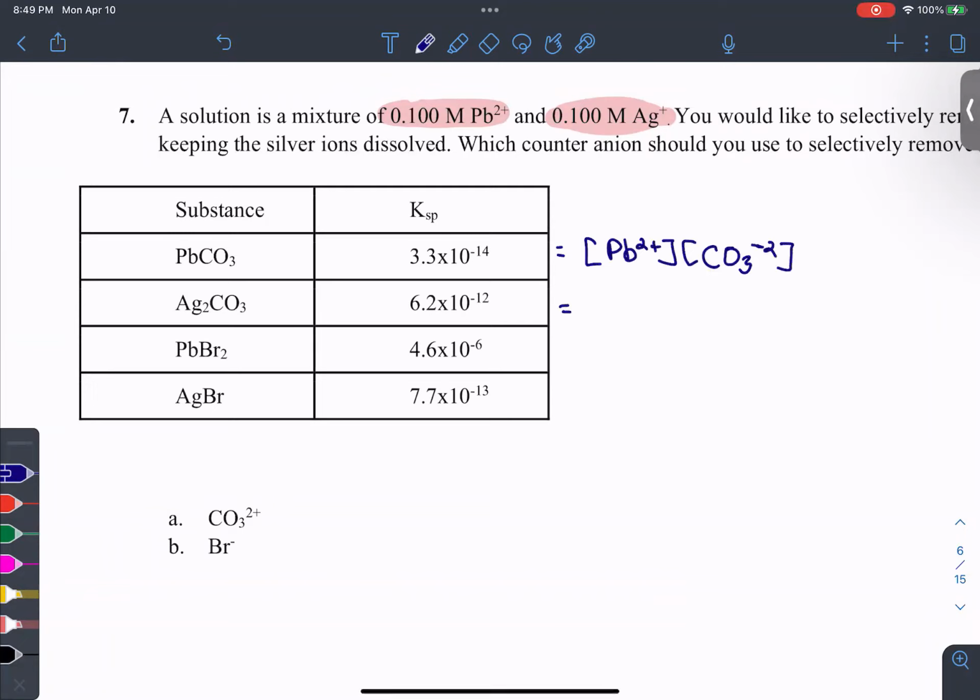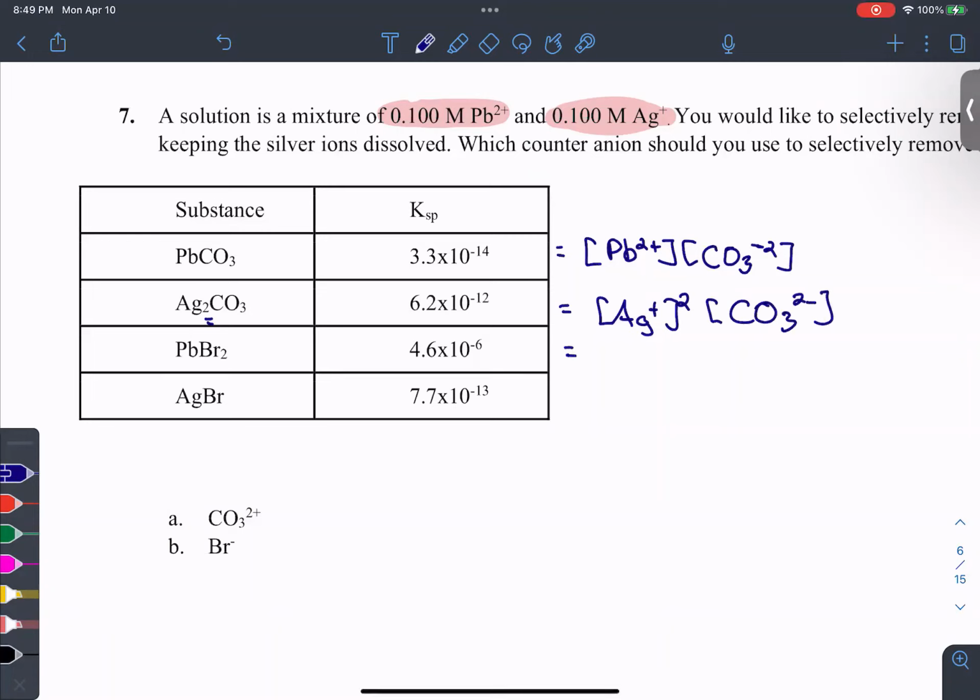The KSP expression for silver carbonate is going to be silver plus, but that value is squared because there are 2 of them, so you get a coefficient of 2 in that KSP expression, times carbonate 2-.